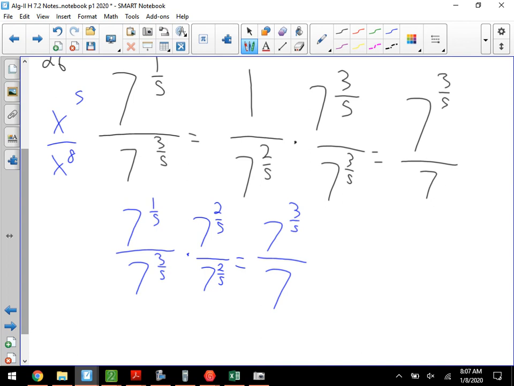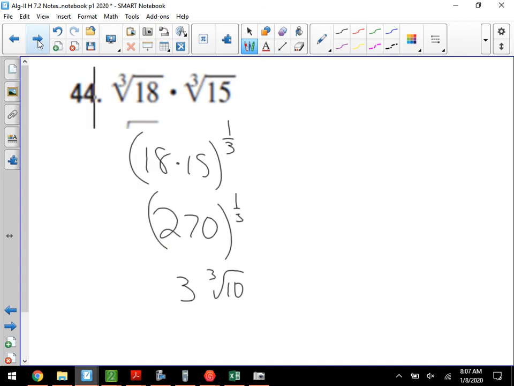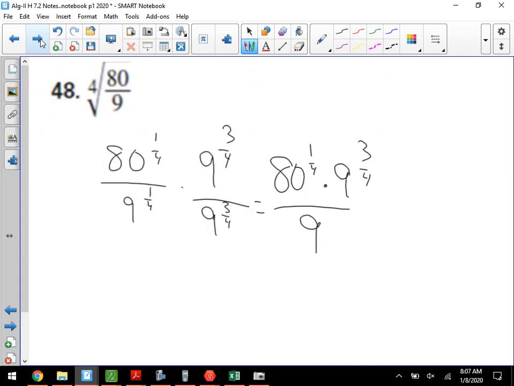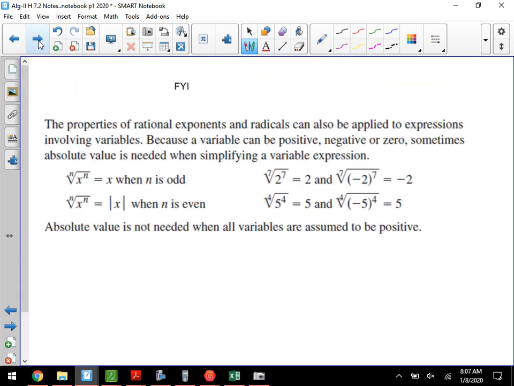Okay. Let's look at variables. Real fast, don't write any of this out. What happens when we get to variables, when we did numerical stuff, we ran across the possibility of doing plus or minus values. When you had nth roots that were even nth roots and stuff that were to the 4th, like even powers, you could get 2 different values for those things.